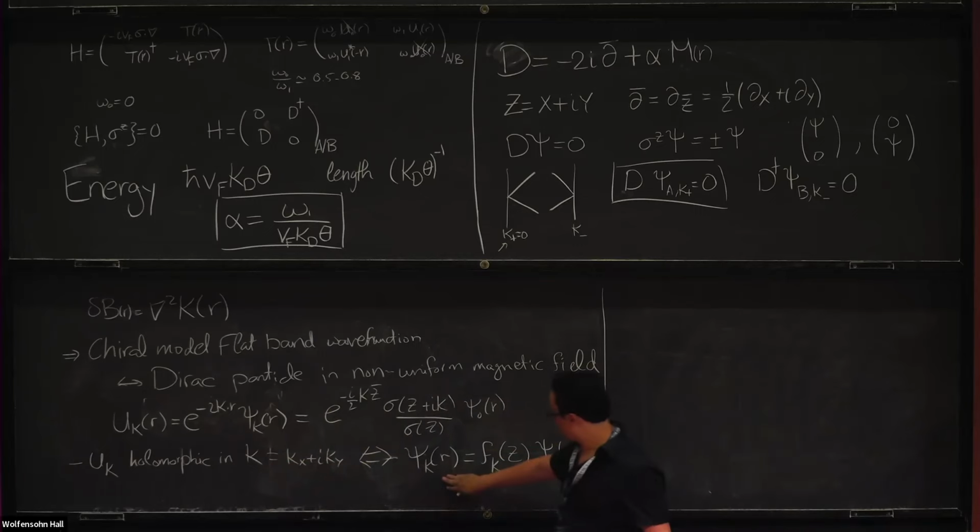Now, this property can be written in a different way. What this property says is that if I take a wave function from the band and multiply it by a holomorphic function, I don't get out of the band.